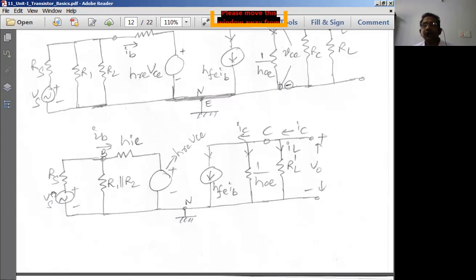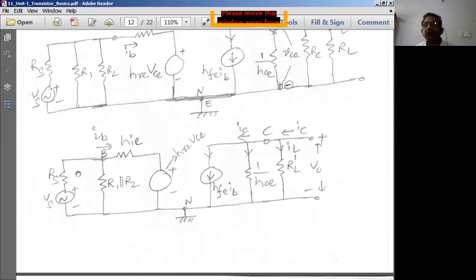In analysis, we know the circuit and the input, and then we find the output of the circuit by knowing the circuit parameters and the input signal.